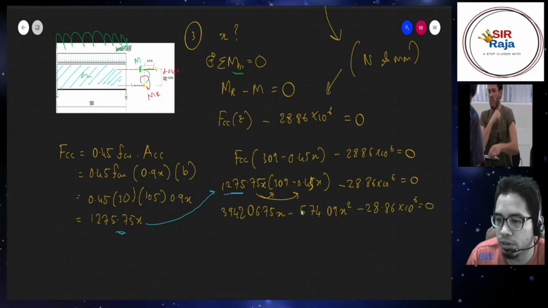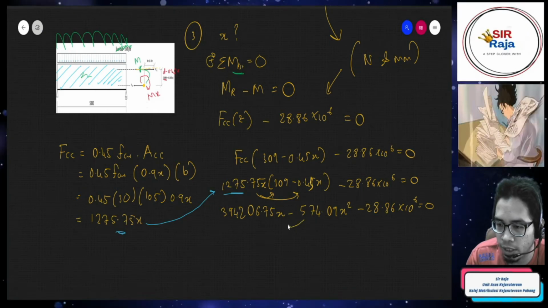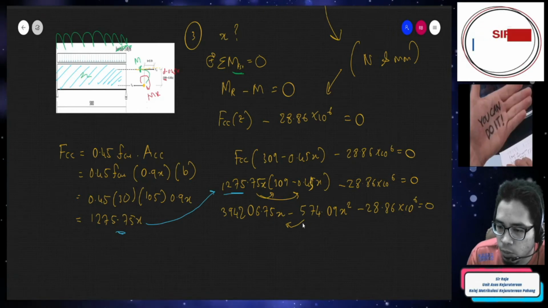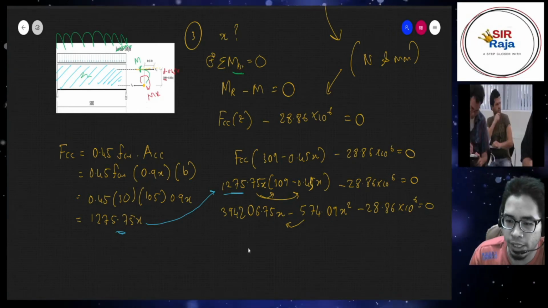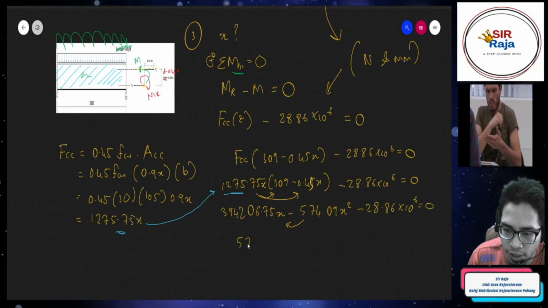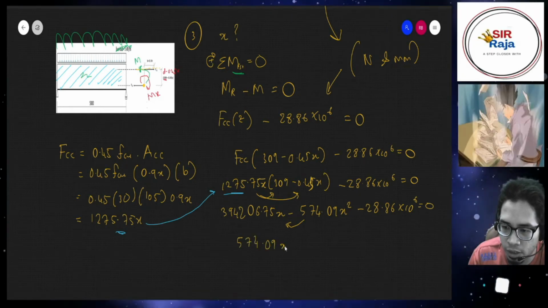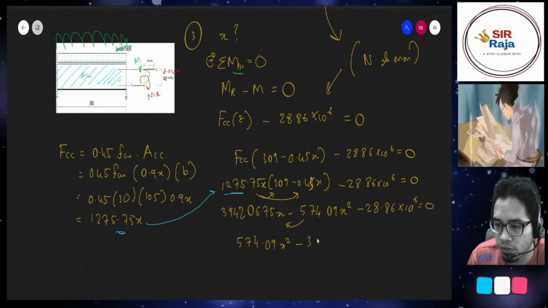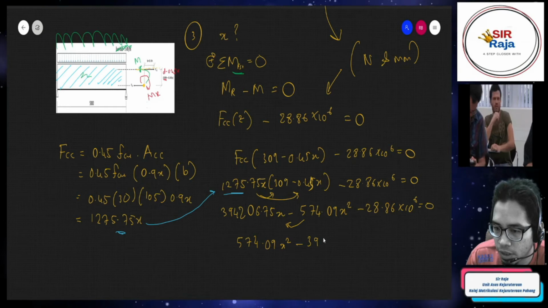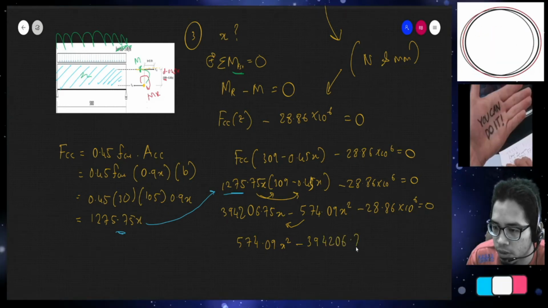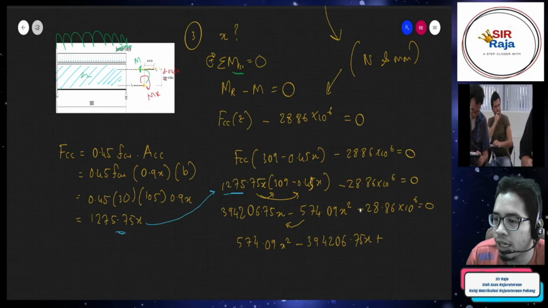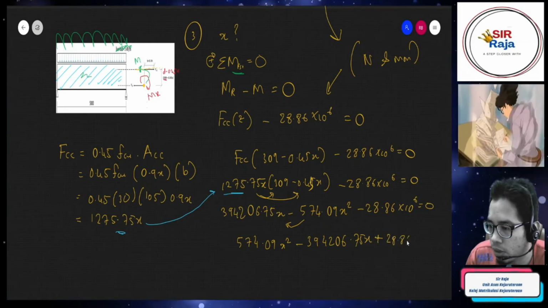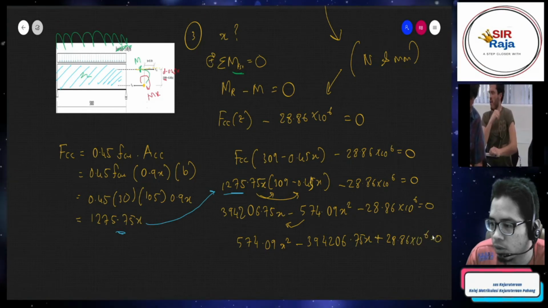So I just want to rearrange so that the x square will go the other way, and the x is in the middle, and I want this x square to be positive. So we're going to get 574.09 x square. Right, this is positive, but we have to change it. So this is going to be negative, minus 394,206.75 x plus, this is going to be changed to positive 28.86 times 10 to the power of 6, and this is equal to 0.